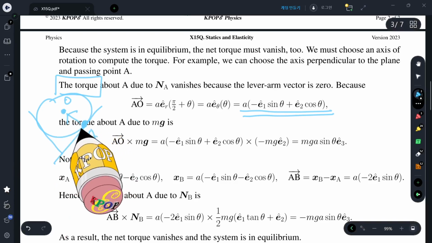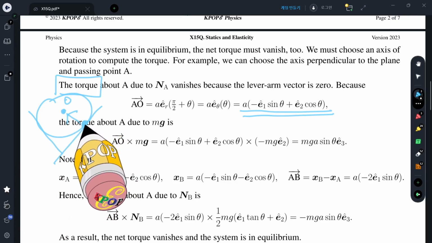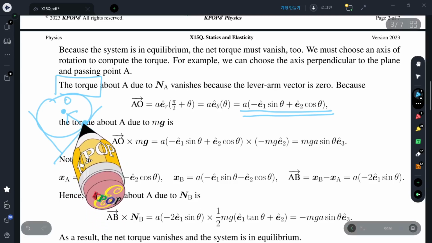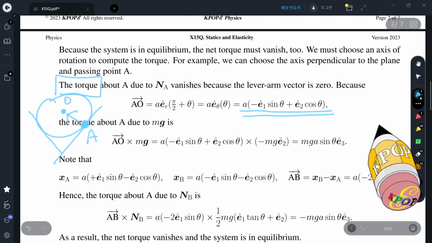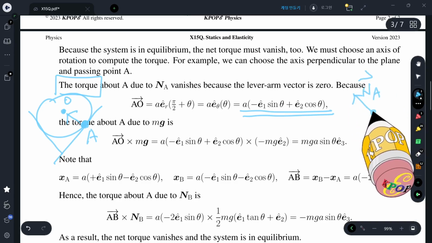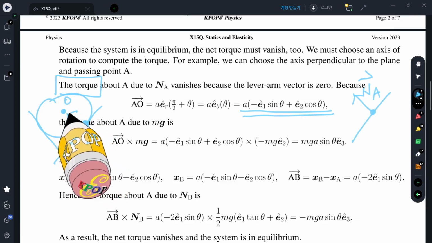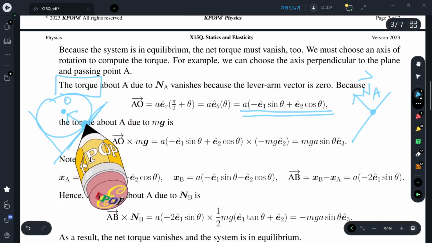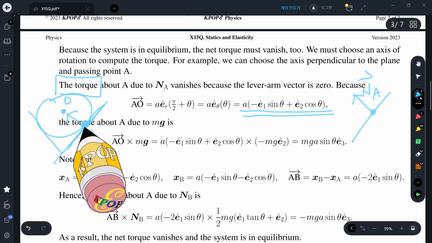When we consider every force, we must keep the same axis of rotation. If I choose the axis of rotation passing through A, then we do not consider the force NA, because the lever arm vector of this force relative to the axis of rotation is zero; it passes through the axis.